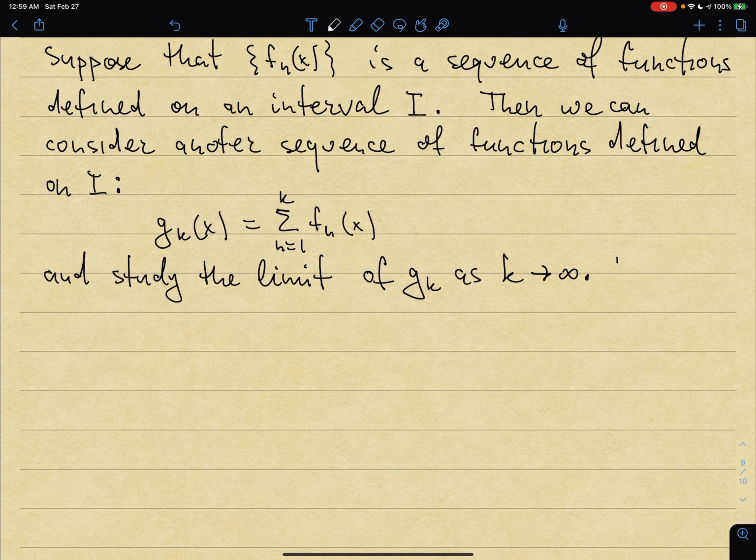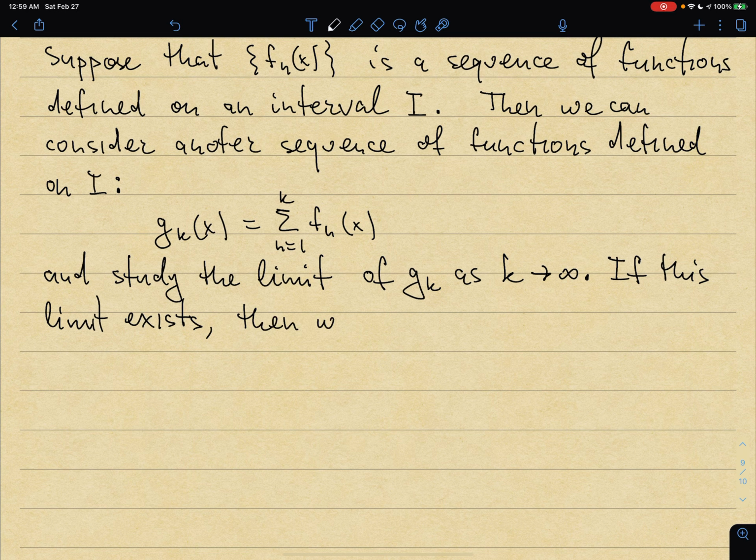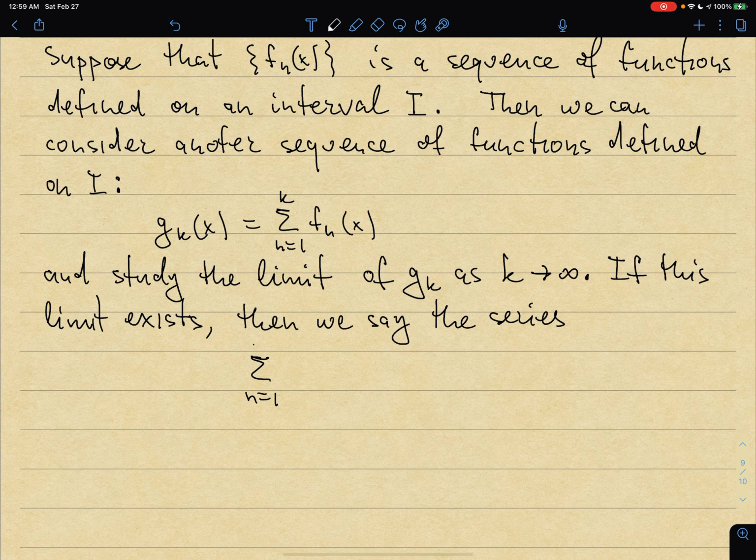If this limit exists, then we would say that a series, the sum n from 1 to infinity of fn of x, converges.